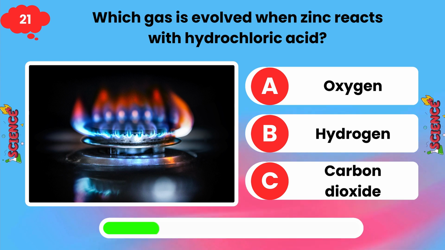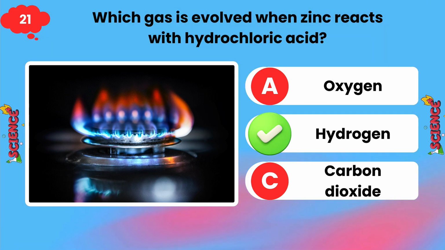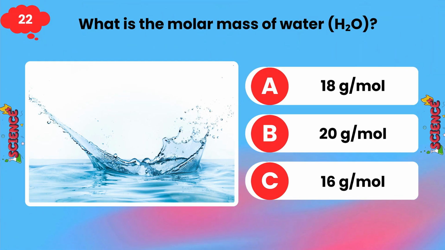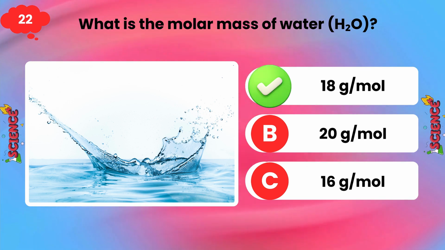Which gas is evolved when zinc reacts with hydrochloric acid? Hydrogen. What is the molar mass of water, H2O? 18 grams per mole.